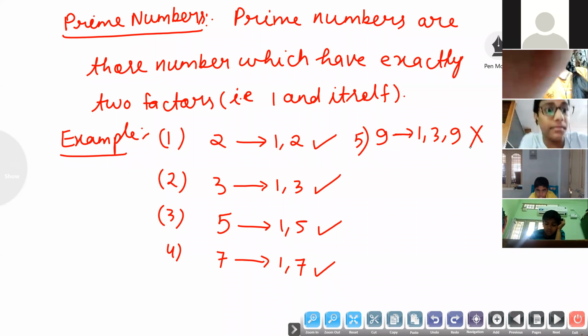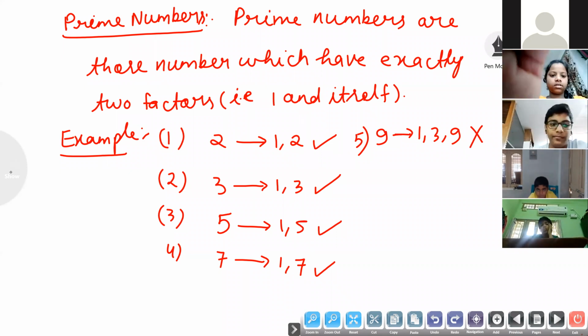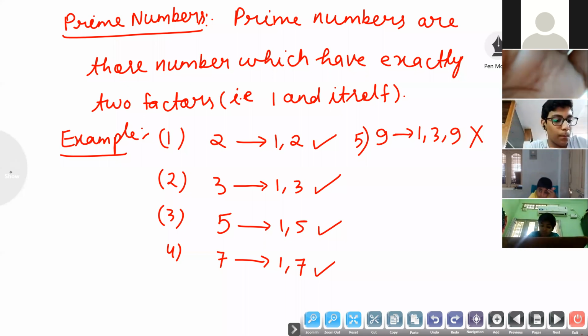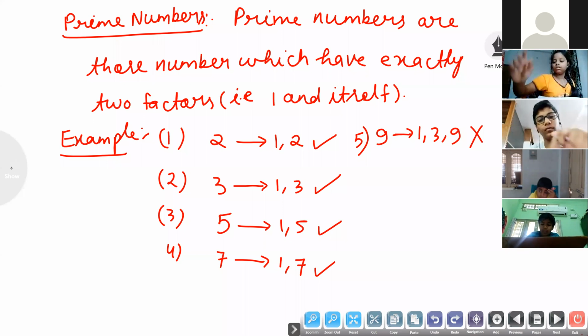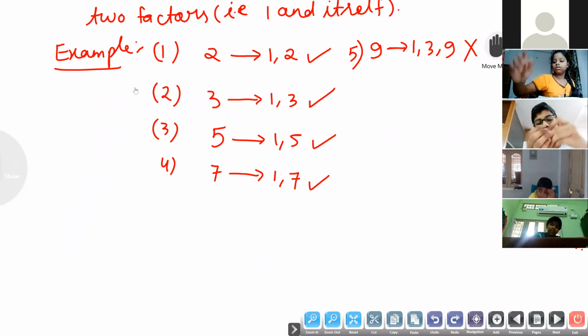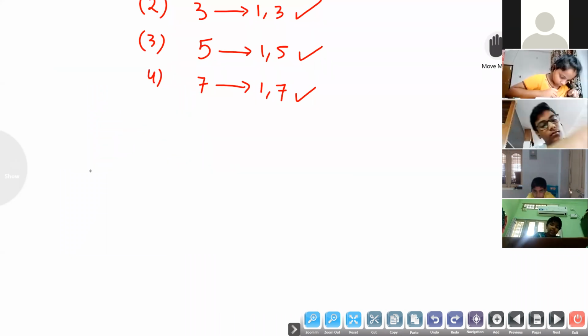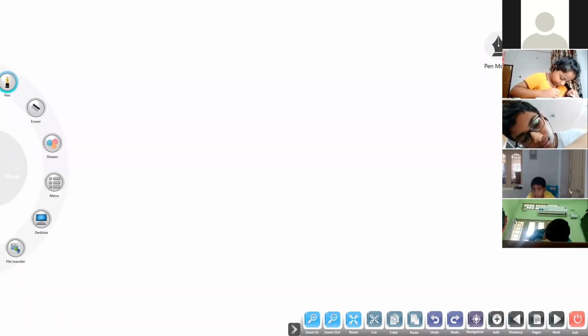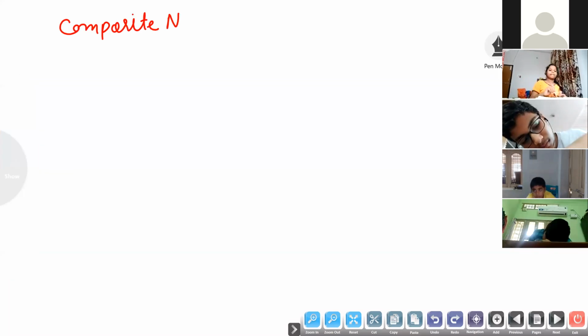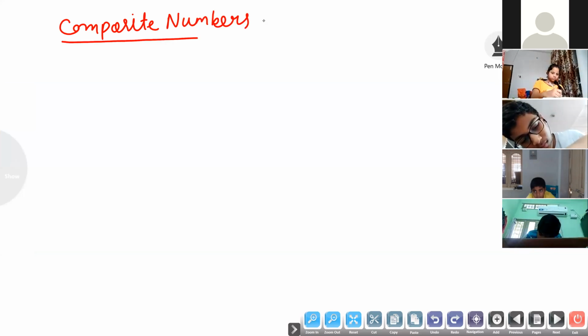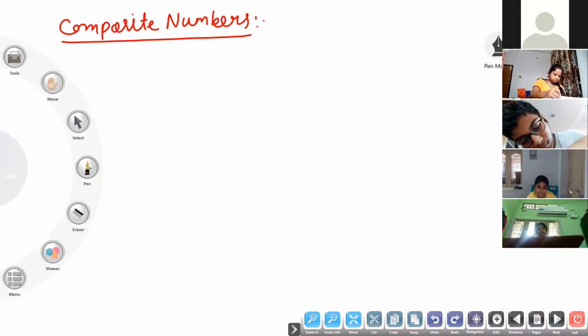Next, keep the heading, composite numbers.